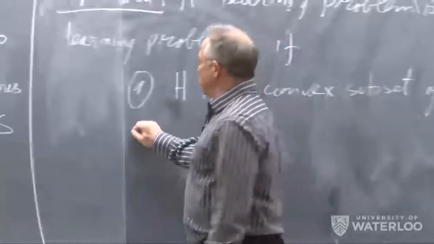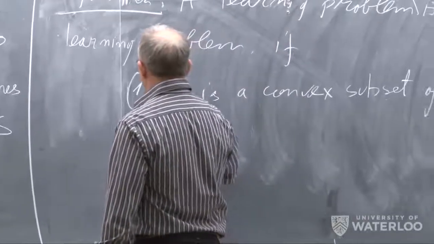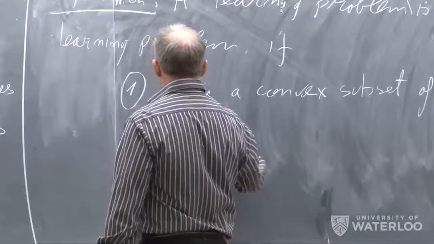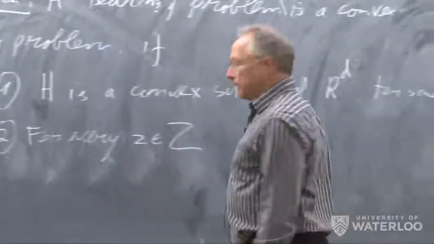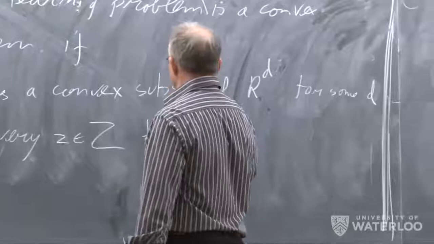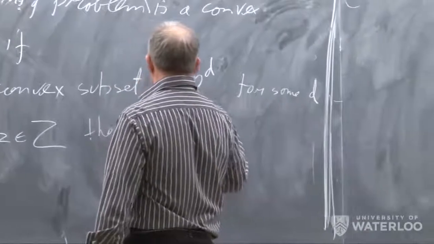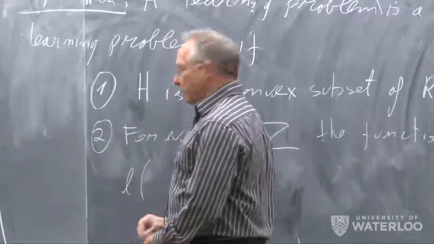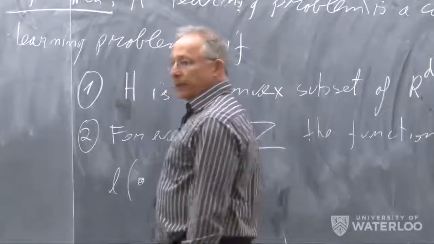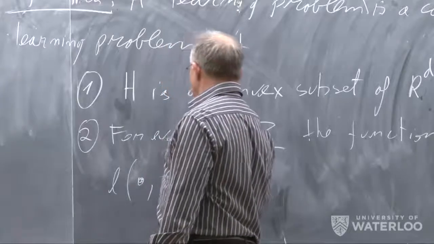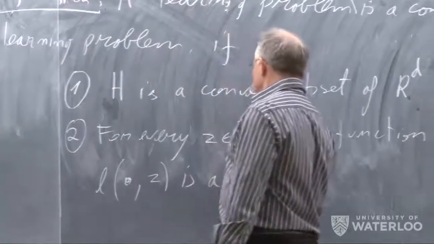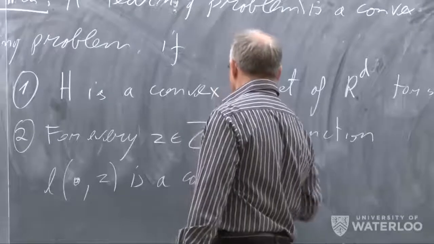And two, for every z in Z, the function l of w, z is a convex function.